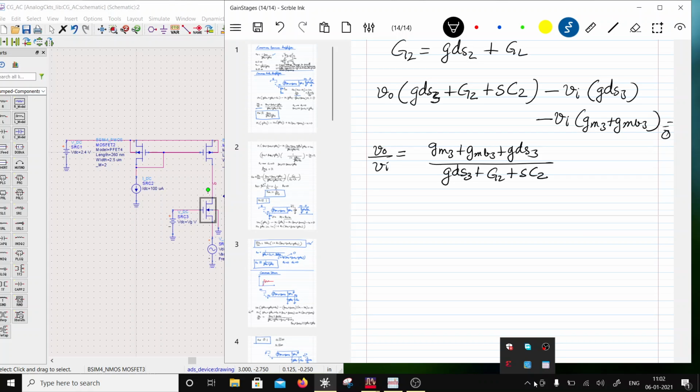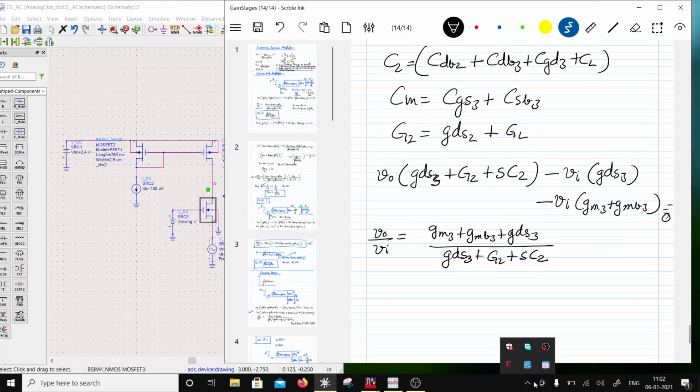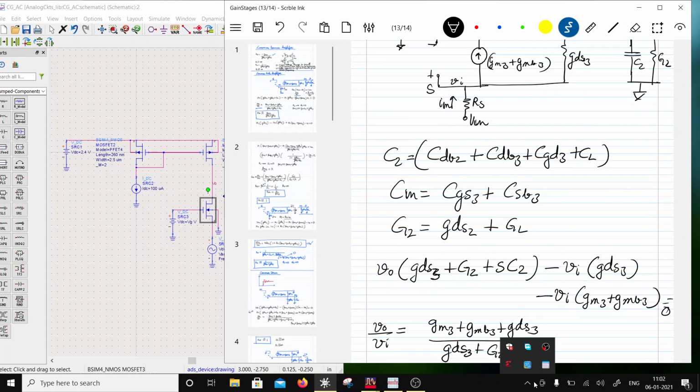Okay, now what about the input voltage? For input voltage, the equation is at this node. I'm not bringing RS into the picture. I'm going to assume that IN is flowing in.